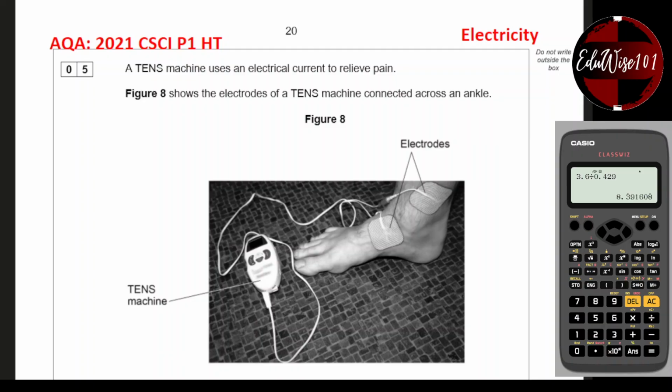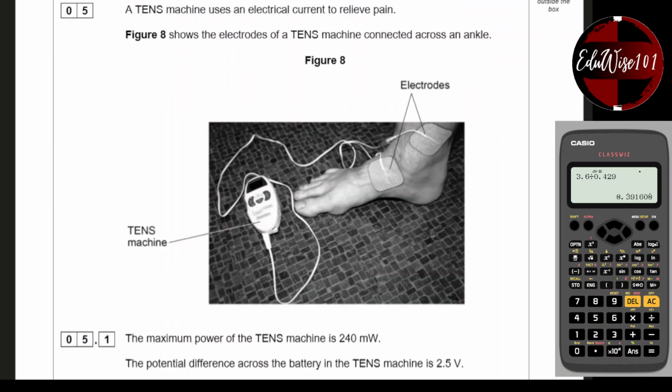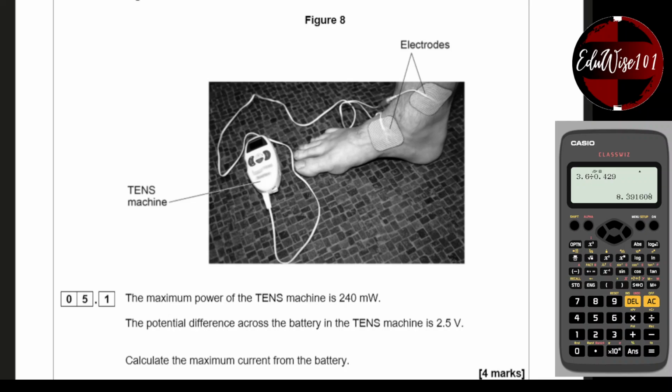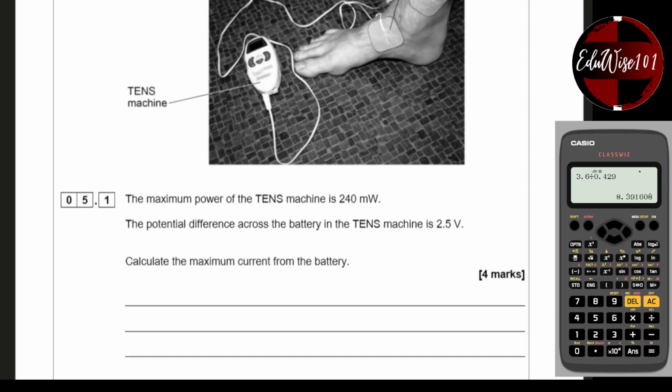A TENS machine uses an electrical current to relieve pain. Figure 8 shows the electrodes of a TENS machine connected across an ankle. So you can see the machine here and the electrodes which are being connected. The maximum power of the TENS machine is 240 mW, which stands for milliwatts, not mega.